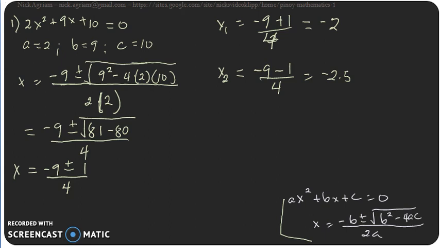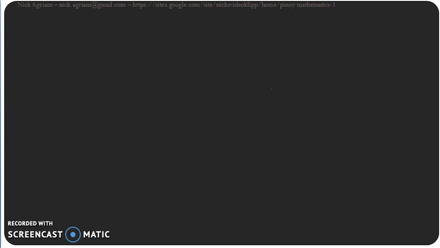Okay, let's try some more. We have 6x minus 1 is equal to 2x squared. Remember that you can only use the quadratic formula if the equation looks like this: ax squared plus bx plus c is equal to 0.